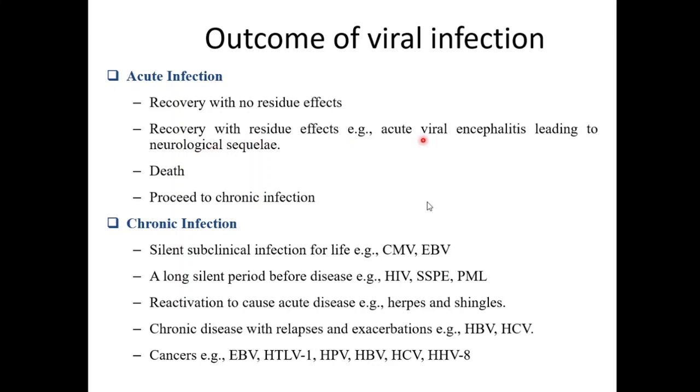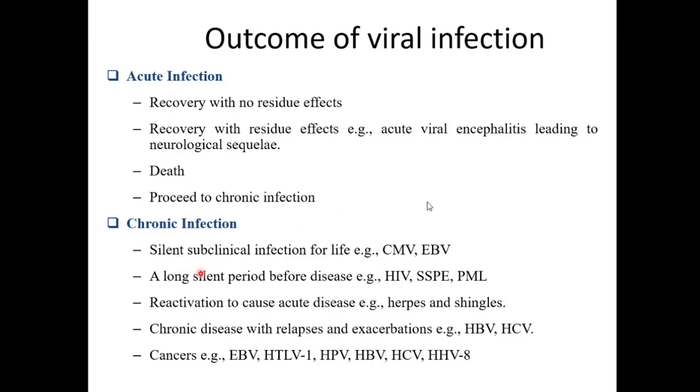So this is the case of acute viral encephalitis leading to neurological sequelae, meaning the virus is no longer there, but the damage that caused remains permanent. Sometimes this acute infection leads to death and may proceed to chronic infection. So it can start with acute, then it proceeds to chronic infection.